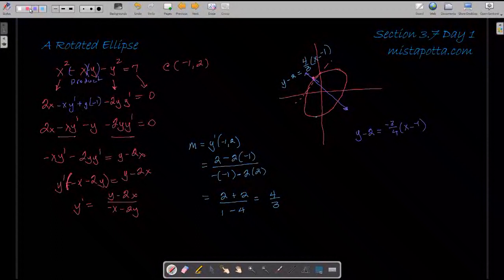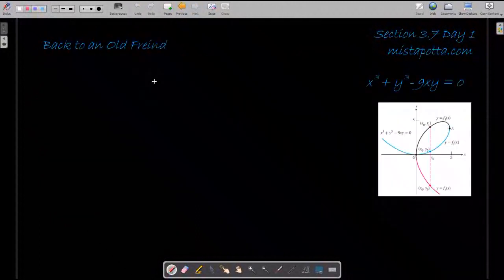So what I want to do is go back to the beginning, back to our old friend here. Our x cubed plus y cubed minus 9xy equals 0.